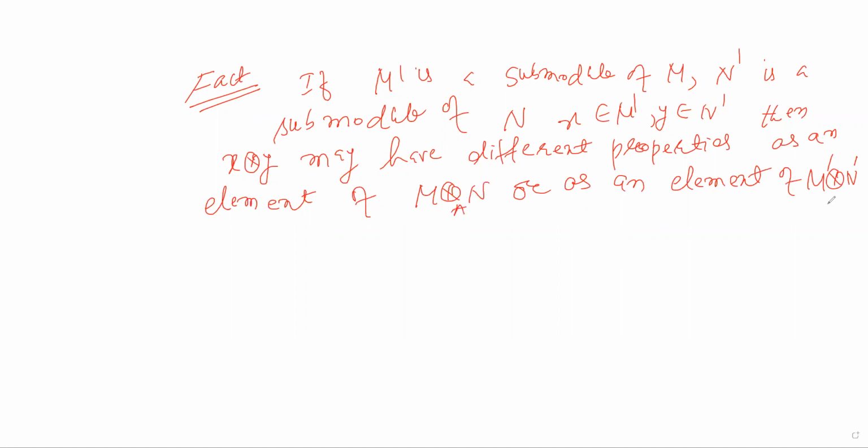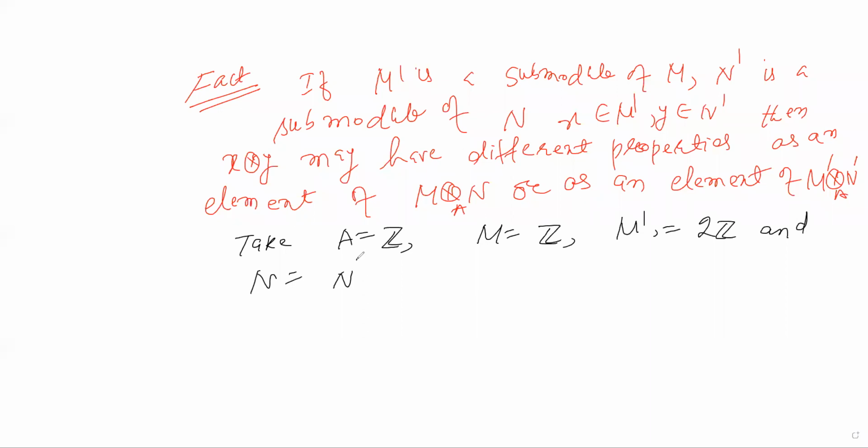Our ring A, both are A modules. So we took this example in order to elaborate this fact. So we take A equal to the ring of integers Z, M also as Z as a Z module, M dash equal to 2Z as a Z module, and N equal to N dash equal to Z2.